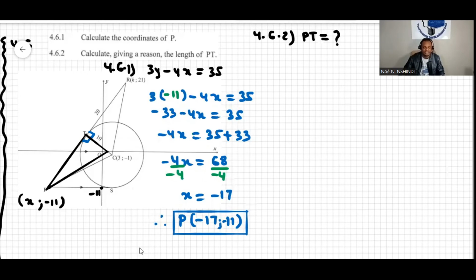We have a triangle here. The triangle is TCP, or TPC, whatever I call it. So it's a right angle triangle. Then what else do we know? We know that TC is equal to 10 units. And then PC, we don't know PC, but we can find PC.